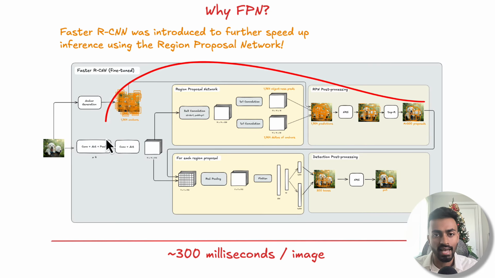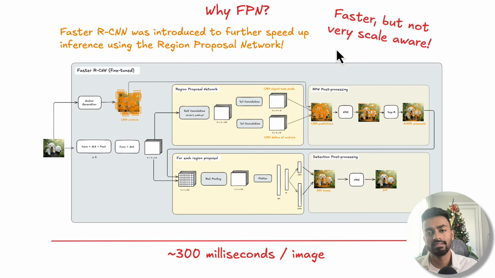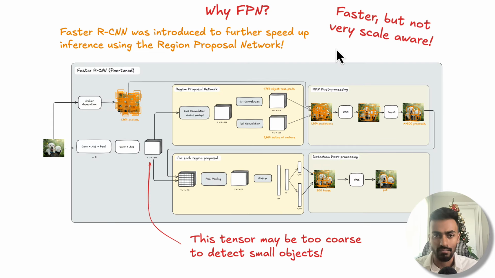And now with this end-to-end trainable neural network, it was able to generate object localizations and classifications very fast. Now, while this is fast, it still is not as scale aware, for the same reason we mentioned with Fast R-CNN. We have this coarse single tensor that is a representation of this image, and it might be too coarse to detect small objects.